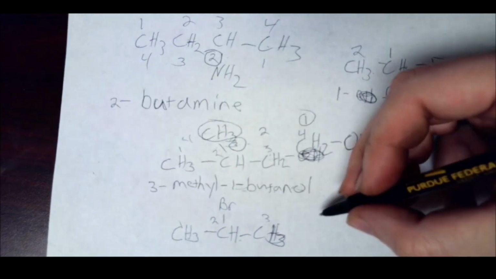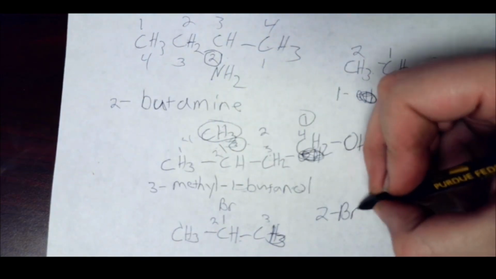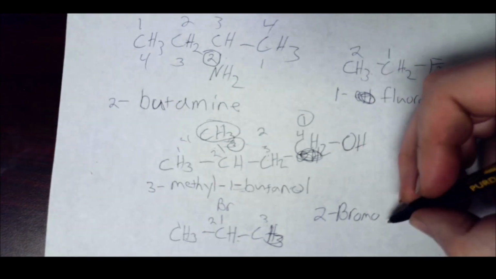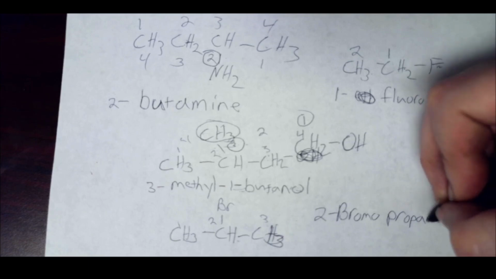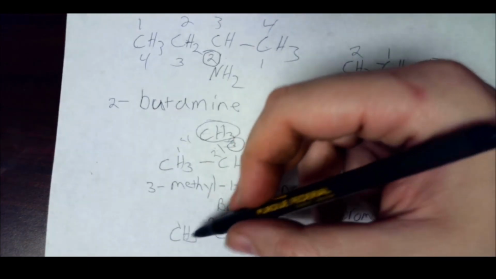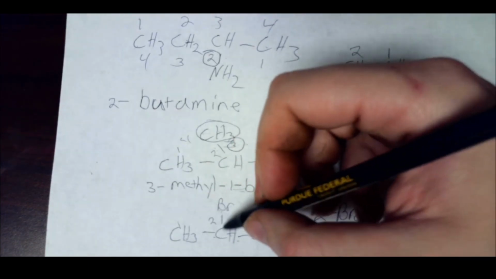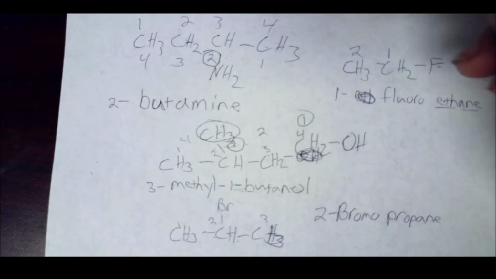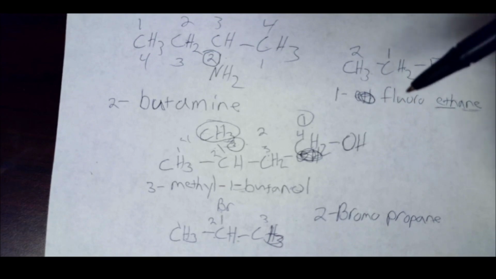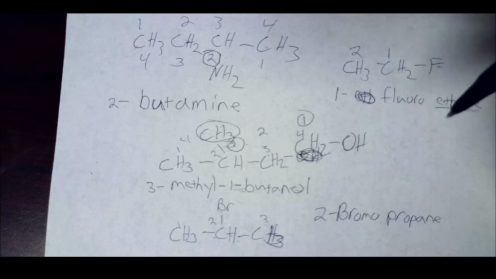So it's 2-bromopropane. That right there tells me everything I need to know, that the bromine is at the 2 position in the propane.